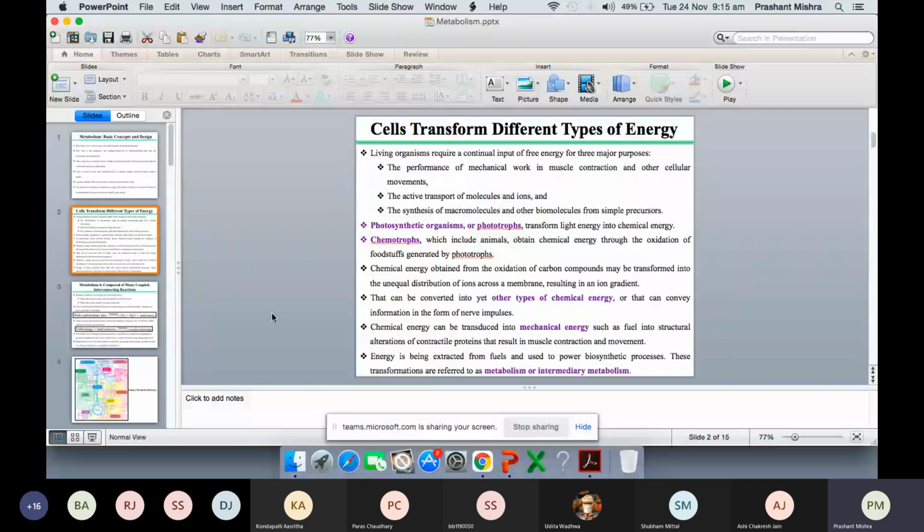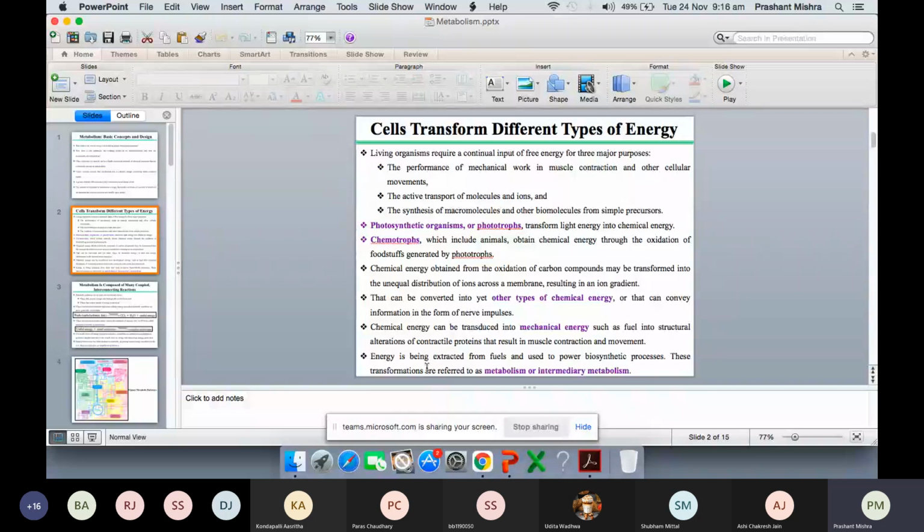Now, to sum up this slide: energy is extracted from the fuel and used to power the biosynthetic processes. The question I asked in the beginning was from where we are extracting energy.